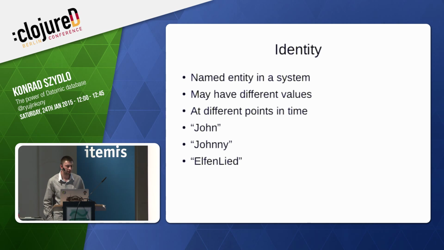An identity, it's a named entity in a system. It can have different values at different points in time. So we might have a person called Johnny, John. His mother might call him Johnny, and when he plays games, he'll be known as Elfenlied.